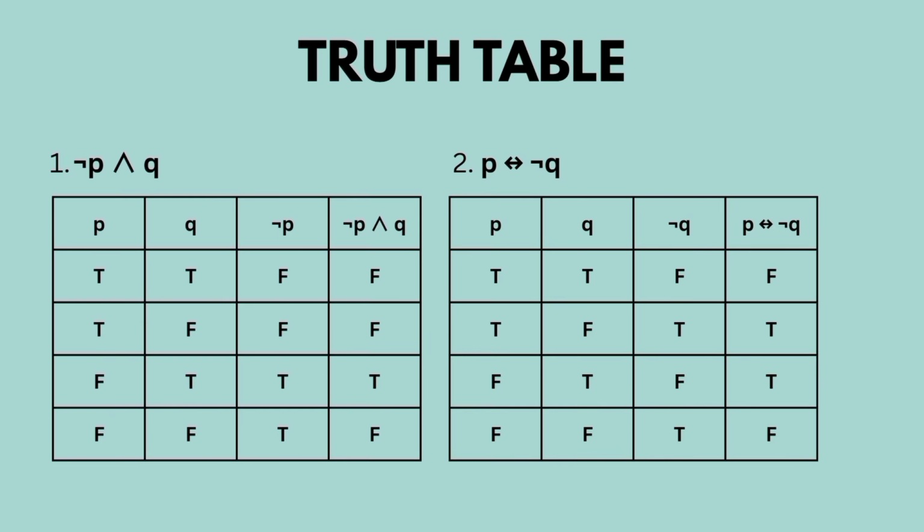Now to find the value of P if and only if not Q, we need to apply the biconditional rule, meaning it is true only if both are the same. So if P is true and not Q is true, then P if and only if not Q is true. Same way when P is false and not Q is false, the answer is also true.